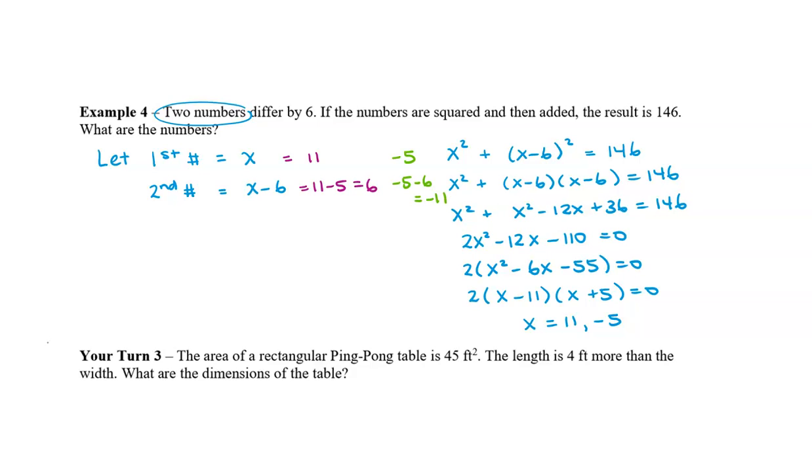So I actually have two solutions here. So the numbers are 11 and 5, or we can also have negative 5 and negative 11. And that's how you solve a word problem.